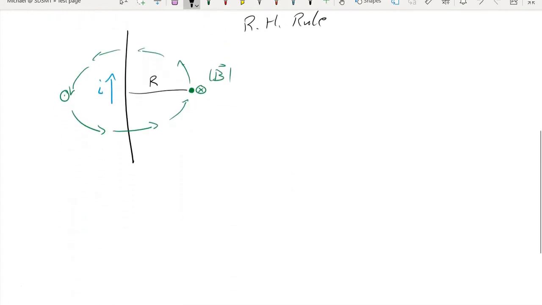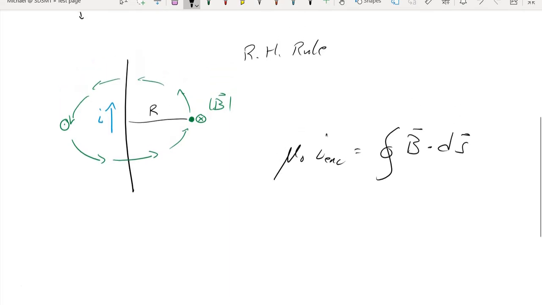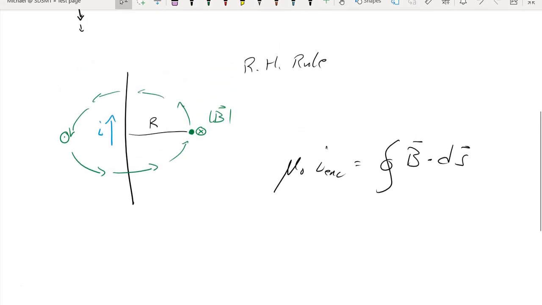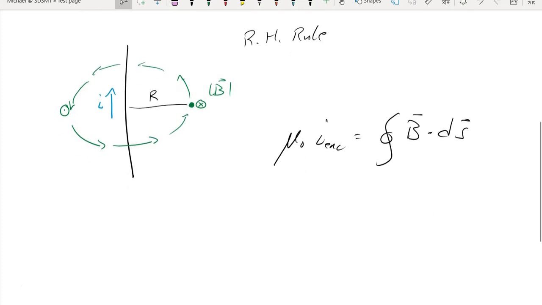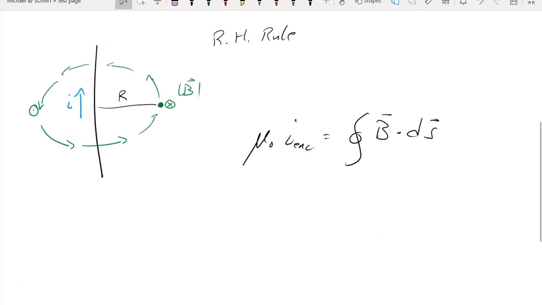And just like Gauss's law, Ampere's law works very well if you have a symmetric system. And what could be more symmetric than a line and a circle? Because that's what we have. Our wire is a straight line. We have a magnetic field that is a perfect circle. Lots of symmetry in there.